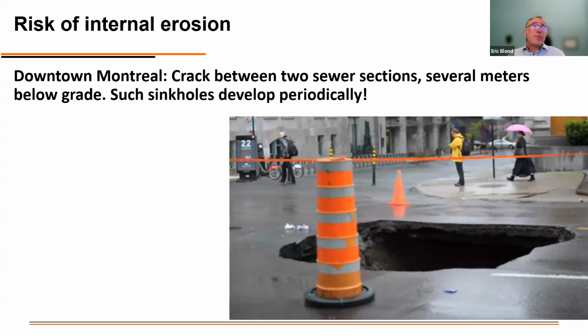This transports fine particles into the sewer, and this creates a cavity which eventually opens up. These can be several meters below grade. Such sinkholes are another evidence of internal erosion within the soil, which could be prevented by installing geotextile filters, or filters in general, near the regions where the water is going to be collected.